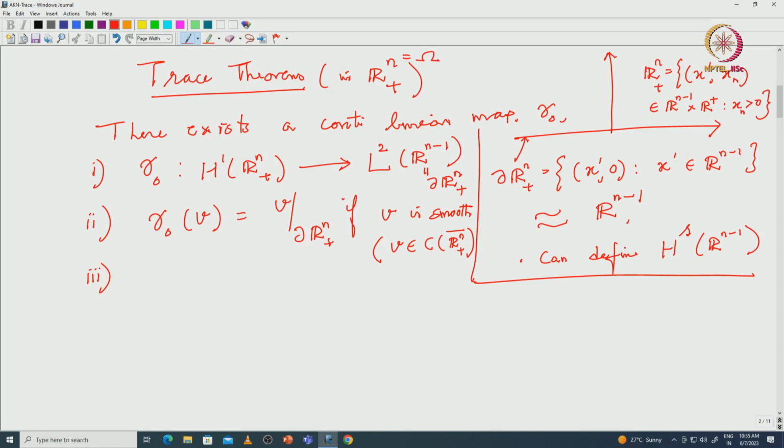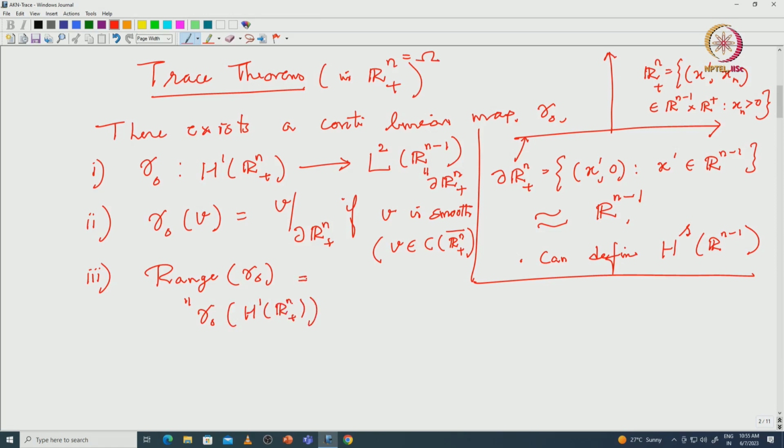These first two cases you have already seen. The third case: what is the image, or the range, of gamma naught, which we also denote by gamma naught of H^1 of R^n_+?